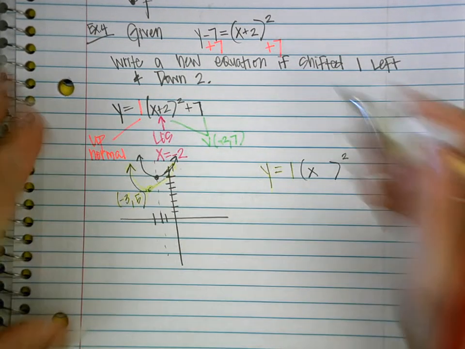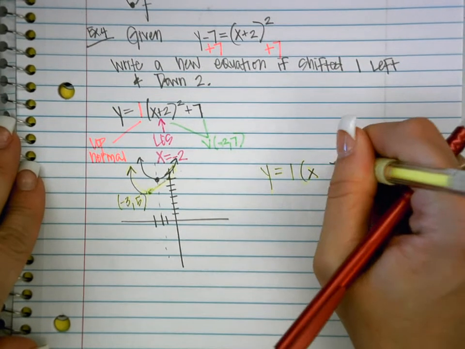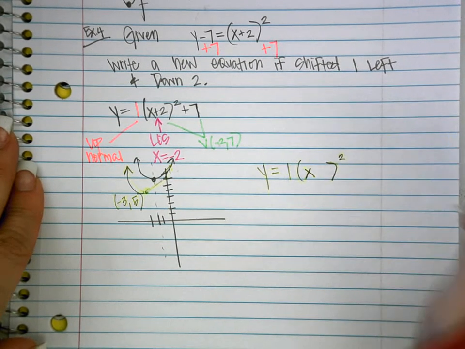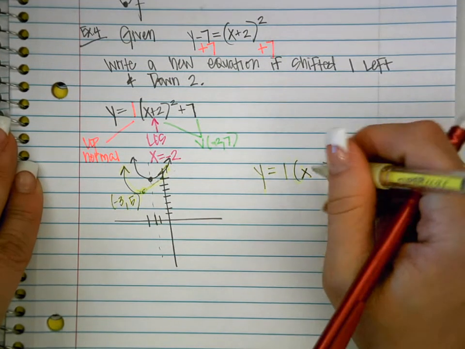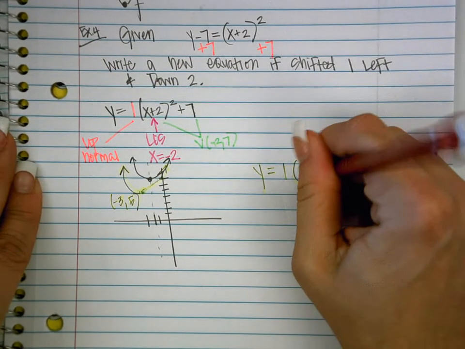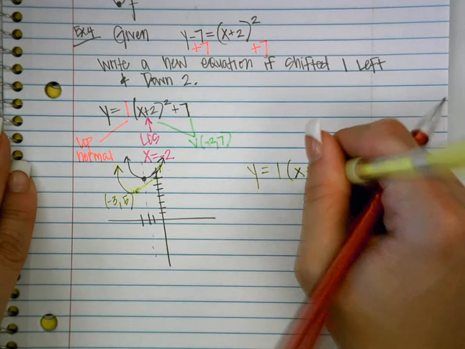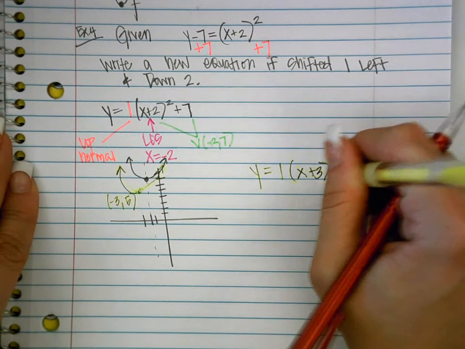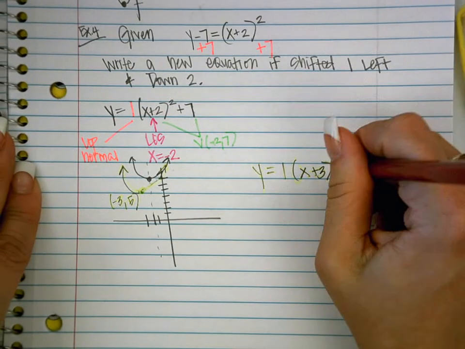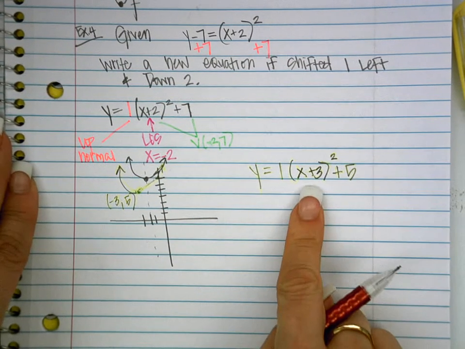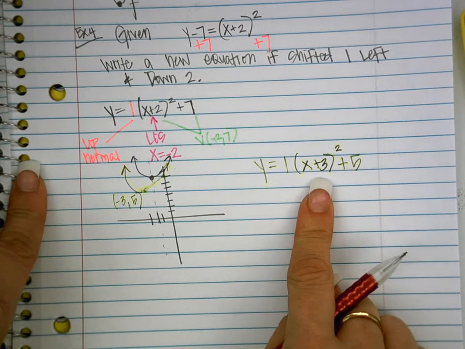What's going to go inside the parentheses with the x? We're going to change this to be a +3, okay, because you're going to change the sign. And what goes at the end? A +5. Okay, so all you're going to do is just put the new vertex into your equation.